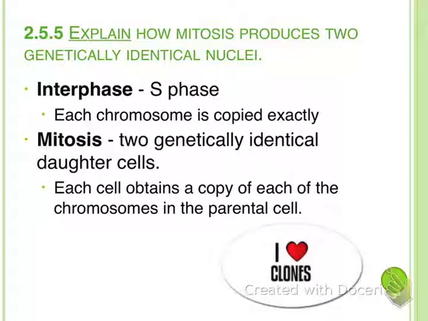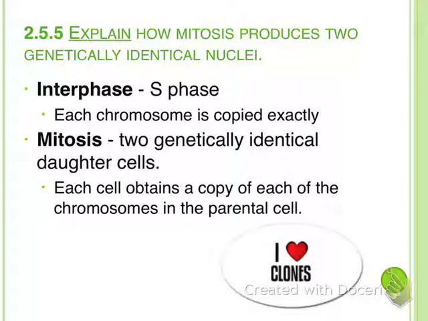The first is interphase, and specifically we're going to be talking about S phase. And S phase, remember, is short for synthesis phase. In this period of time, each chromosome is copied exactly. During this time, there are several checks and balances, different enzymes involved in making sure that the DNA is copied exactly. And so that is one part of the process where identical nuclei are ensured.